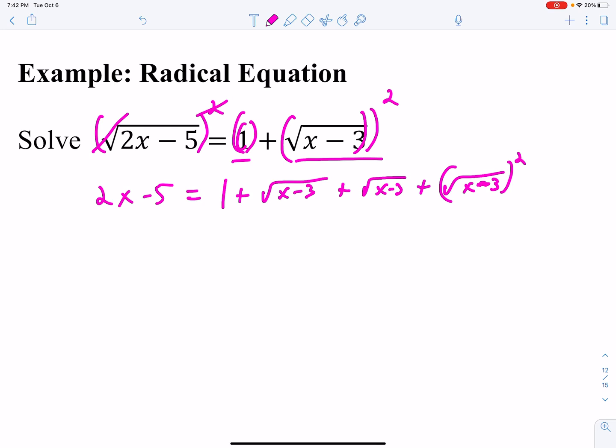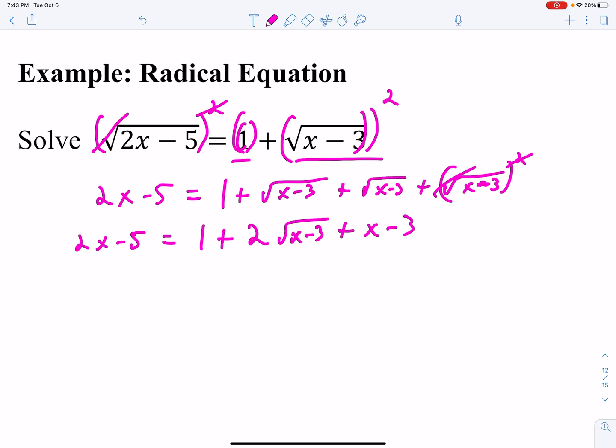Again, when we square a square root, the square root and the square go away. So we get 2x minus 5 equals 1 plus, now notice we have like terms here, two of the same thing, so we can add them together: 2 radical x minus 3, plus x minus 3.